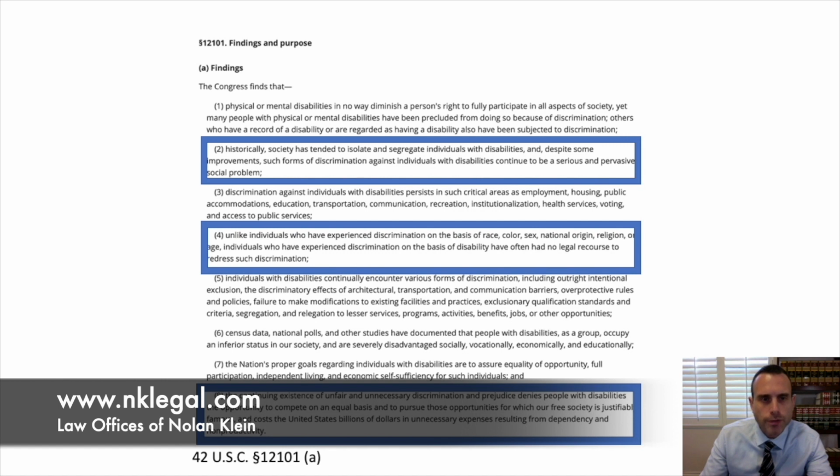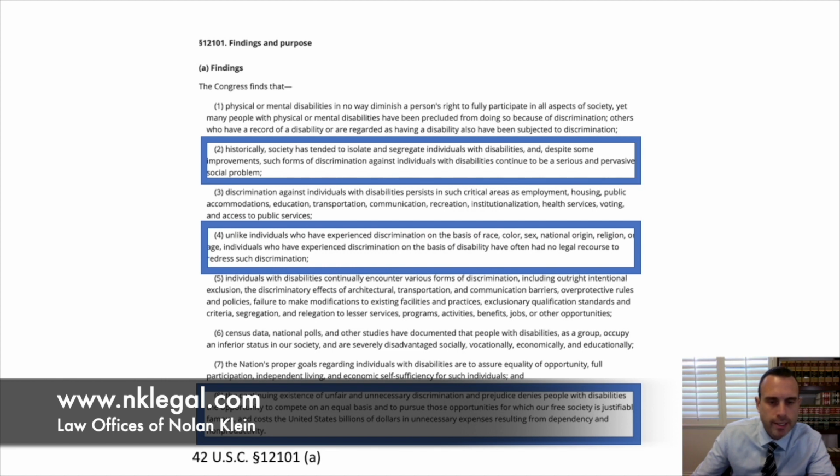The congressional findings included that historically, society has tended to isolate and segregate individuals with disabilities, and despite some improvements, such forms of discrimination continue to be a serious and pervasive social problem. Unlike individuals who have experienced discrimination on the basis of race, color, sex, national origin, religion, or age, individuals who have experienced discrimination on the basis of disability often have had no legal recourse to redress such discrimination.